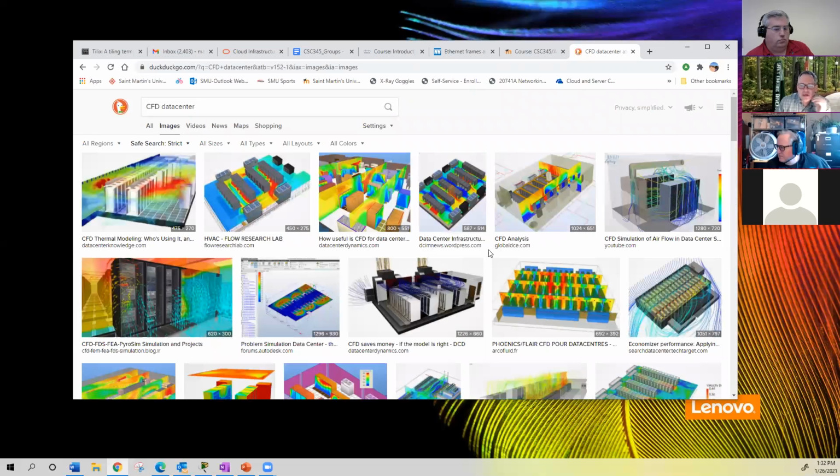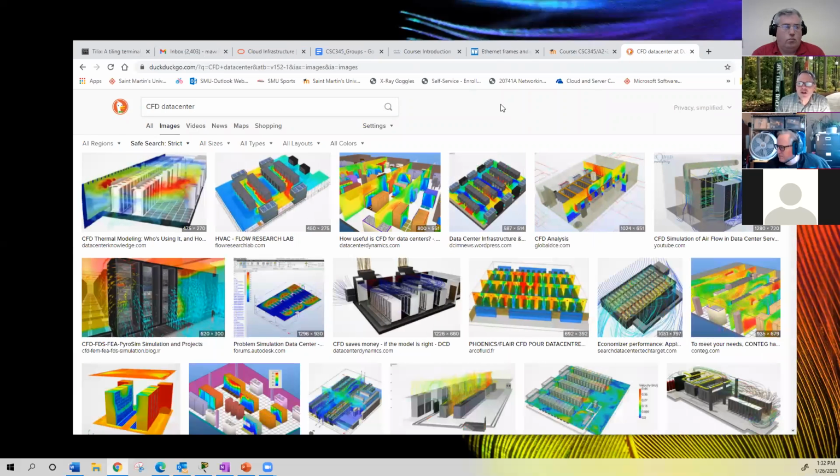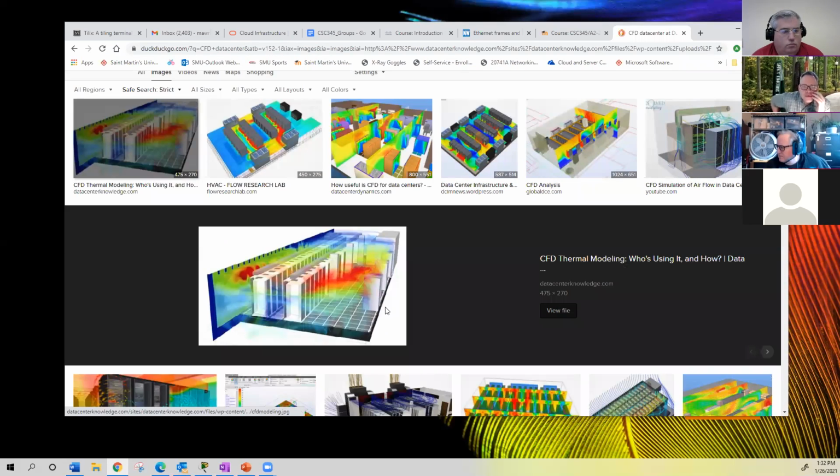Okay, so this is a product that I have used from Future Facilities. It's called a Six Sigma. And what it does is it actually maps through millions of calculations.